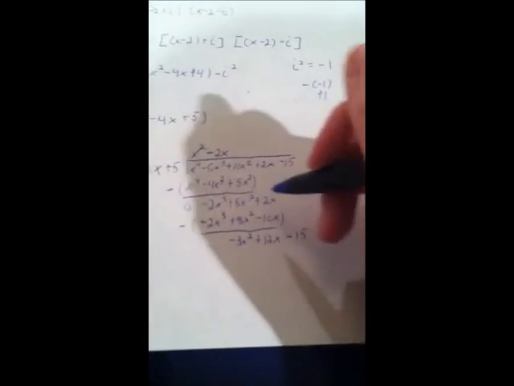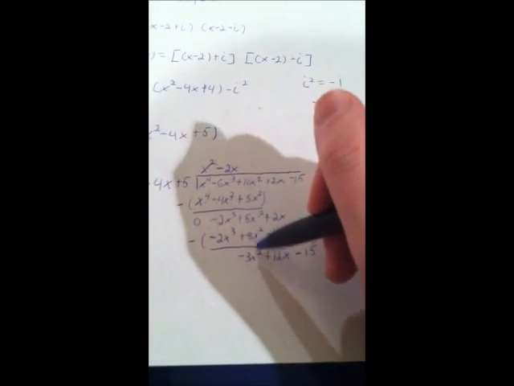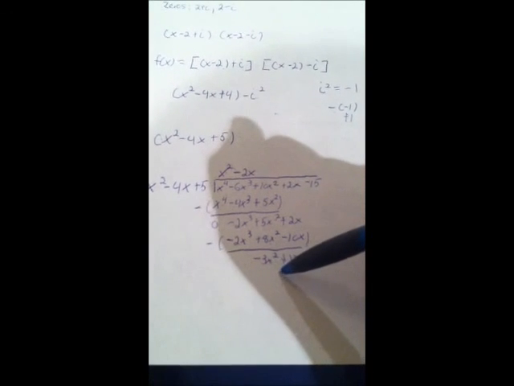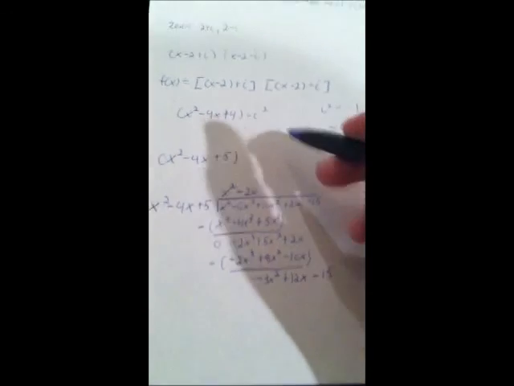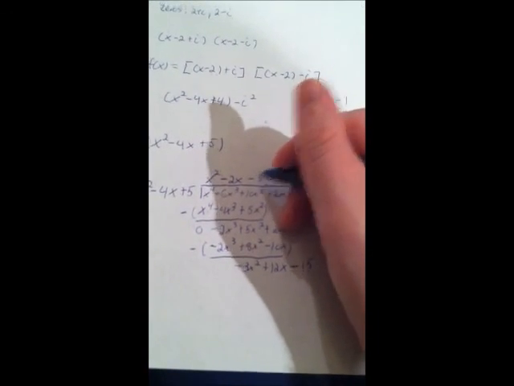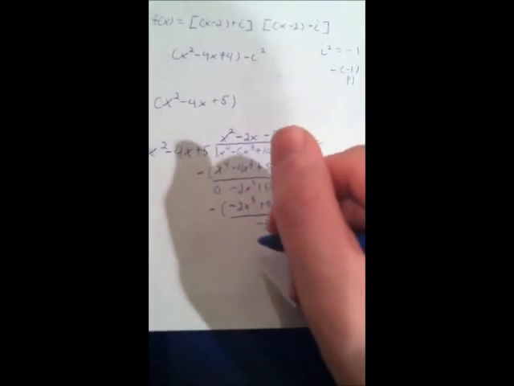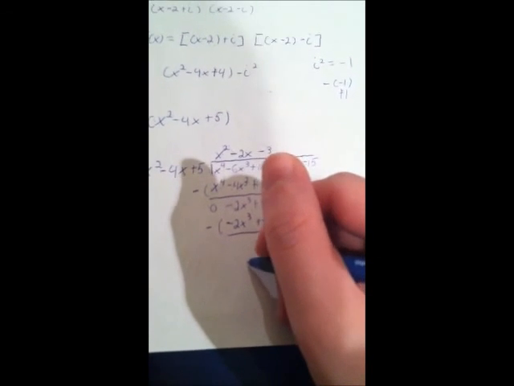And now, just like I did earlier up here and down here, I take what I could put here to make this a negative 3x squared. So what would that be? Just a negative 3 will make this a negative 3x squared also. So negative 3 times x squared is a negative 3x squared.